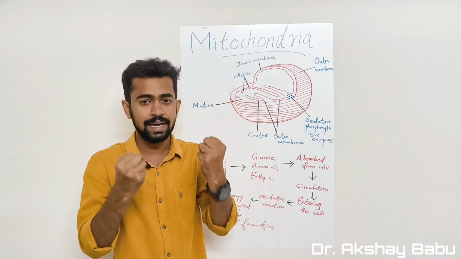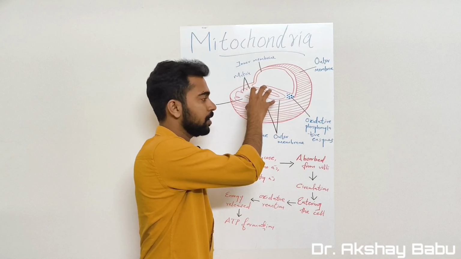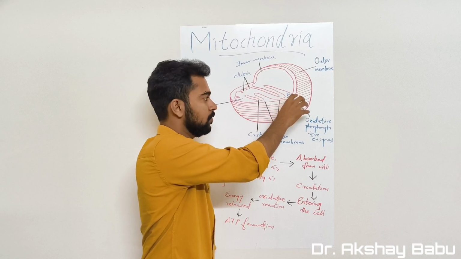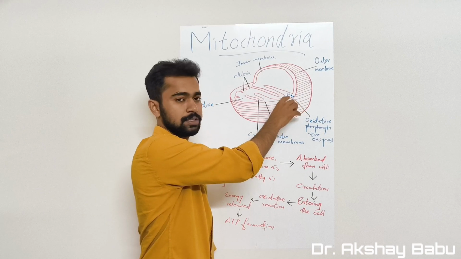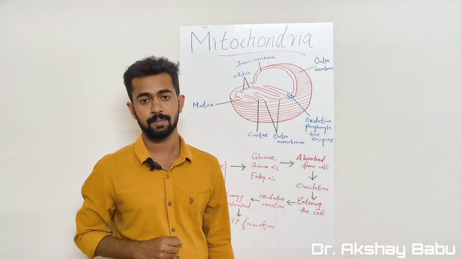So these dissolved enzymes which are present in this matrix of the mitochondria will work in association with these oxidative enzymes which are attached towards this cristae for the oxidation of nutrients.